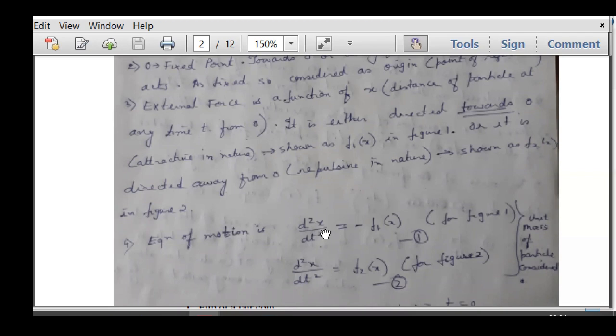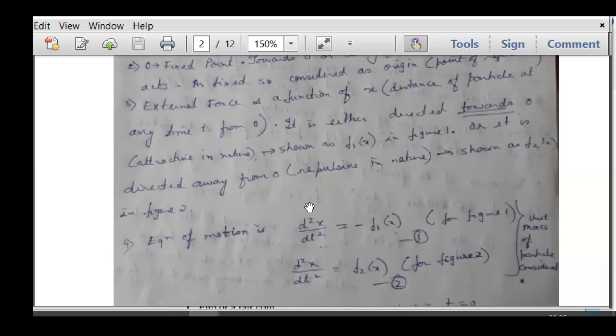Actually we are applying Newton's second law of motion. If I consider a unit mass particle, that is m equals 1, then d2x/dt2 equals the external force. The left hand side is a property of the particle itself, because it deals with the change in the velocity of the body with respect to time, and the right hand side is the external source, whatever blow we are giving, whatever external force we are applying.